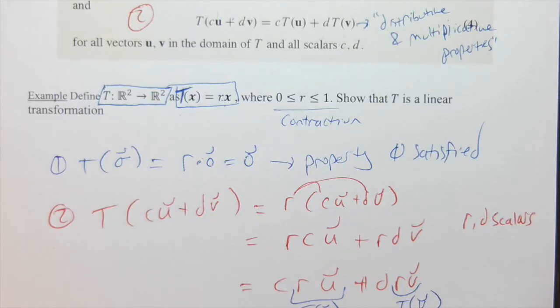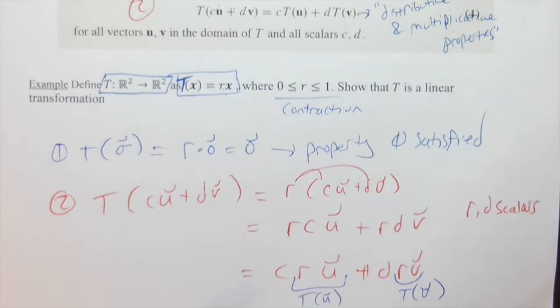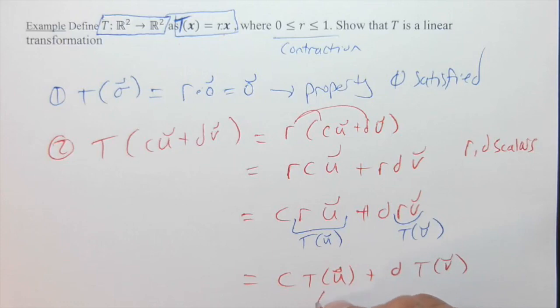In other words, what we have here is c T of u plus d T of v. So we just showed property 2 is satisfied.